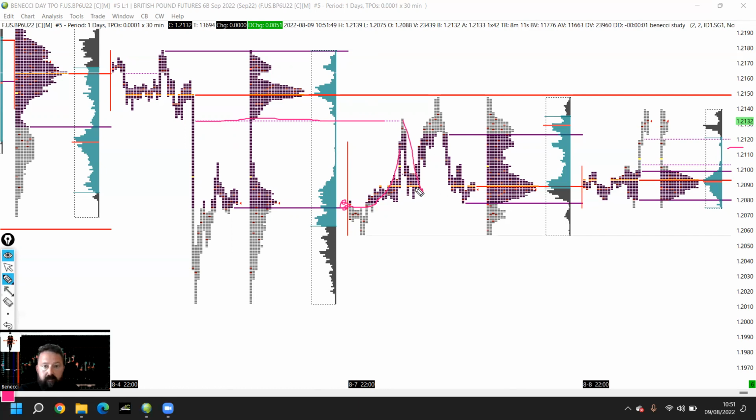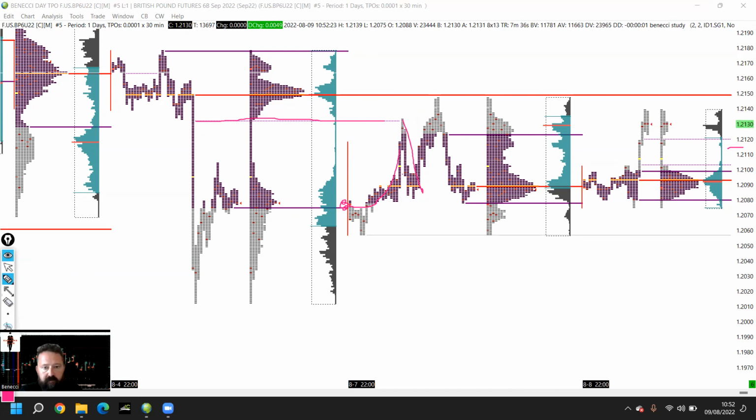So there's a 45 pip move there. We could have grabbed some of that if we used other confluences such as footprint. I have to keep stating that you just can't really trade these levels blind. Well, you can, but you'd be crazy when we've got other tools that can help us make better informed decisions. So that's what a single print is. When price comes back up to it in the future, we can look for possible trading opportunities.